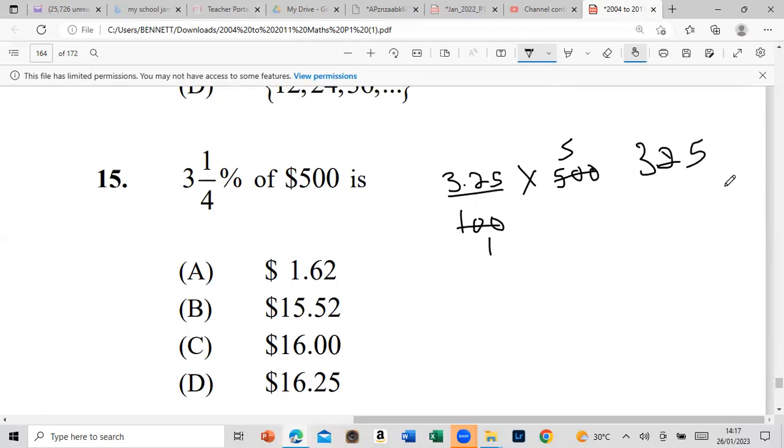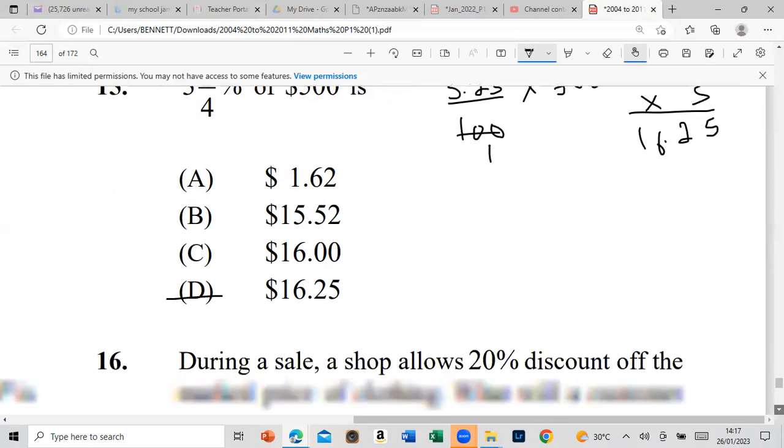So we are just multiplying this by 5. So 5 times 5 is 25, 2 carry 5. 5 times 2 is 10 and that 12, so that's 2 carry 1. 5 times 3 is 15 and 1 is 16. So clearly we can see that it's 16.25. And that's money in the bank.